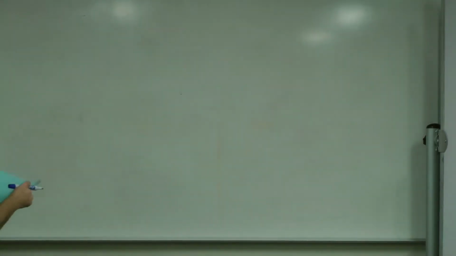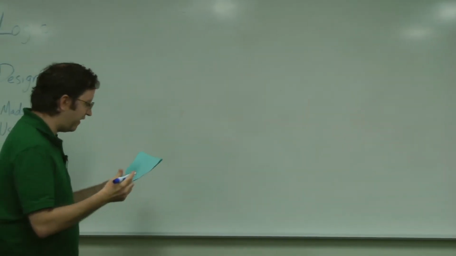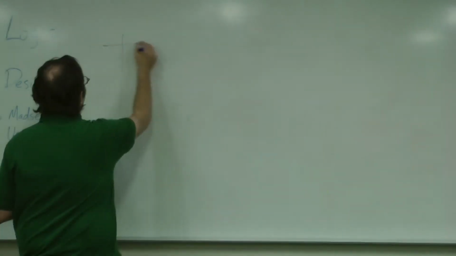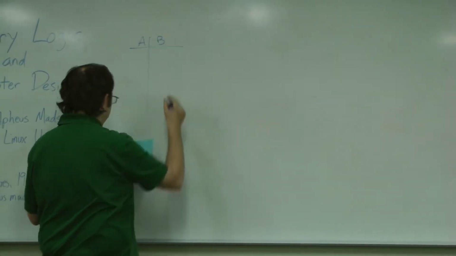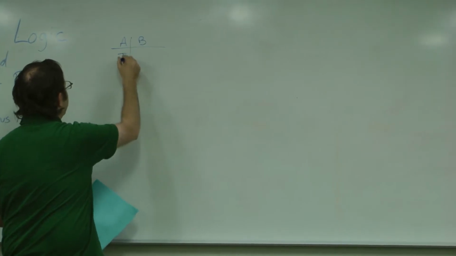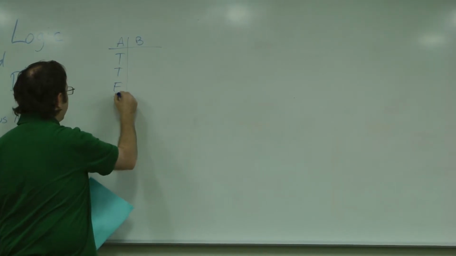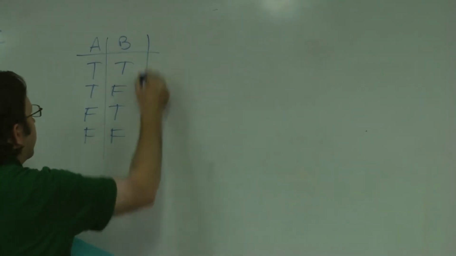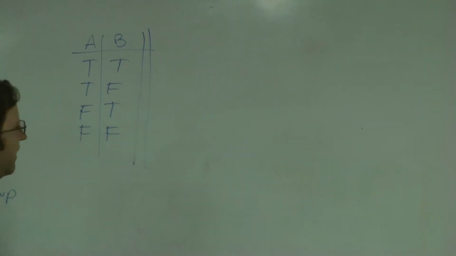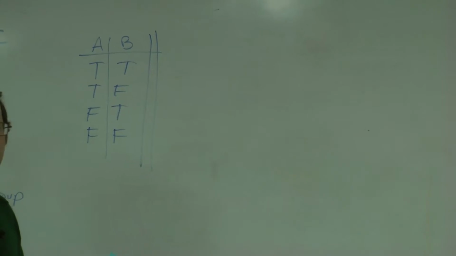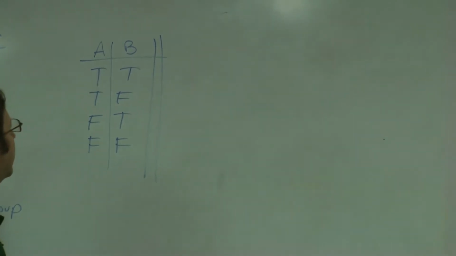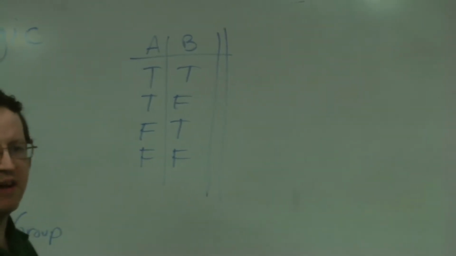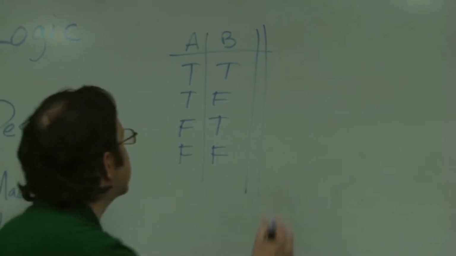So first of all, binary logic is fairly simple, where you have two inputs, A and B, and typically you have different gates that you could use to come out with values of true and false.